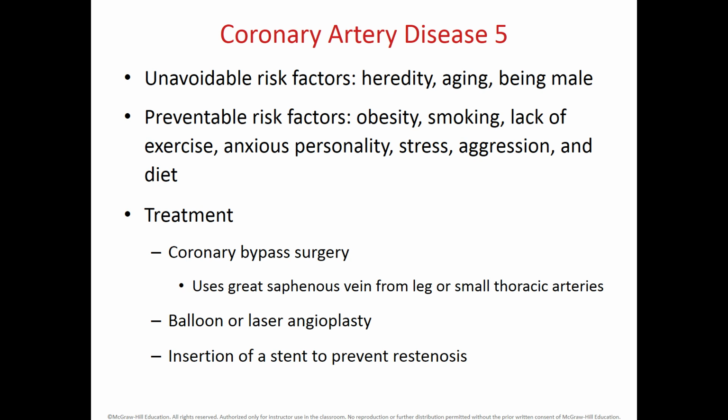Also, you can introduce a catheter with a balloon on the tip and inflate this balloon to decrease the plaque inside the coronary arteries. You can do laser angioplasty, or you can insert a stent to prevent this narrowing of the coronary arteries.